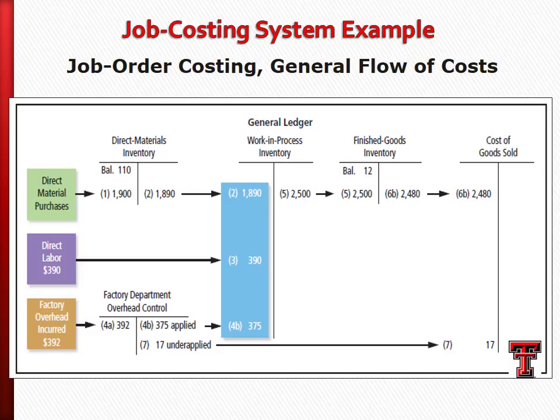But notice that in this example, they applied $375 of indirect costs, and yet they actually spent more money on overhead. In particular, they spent $392 purchasing overhead. So this could be the purchase of salaries, rent, depreciation. And what they've ended up in this situation is that they have underapplied the overhead.